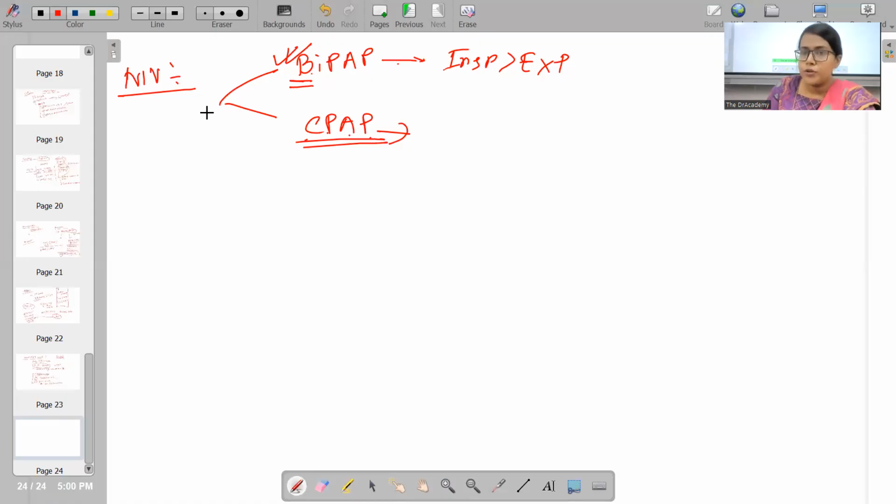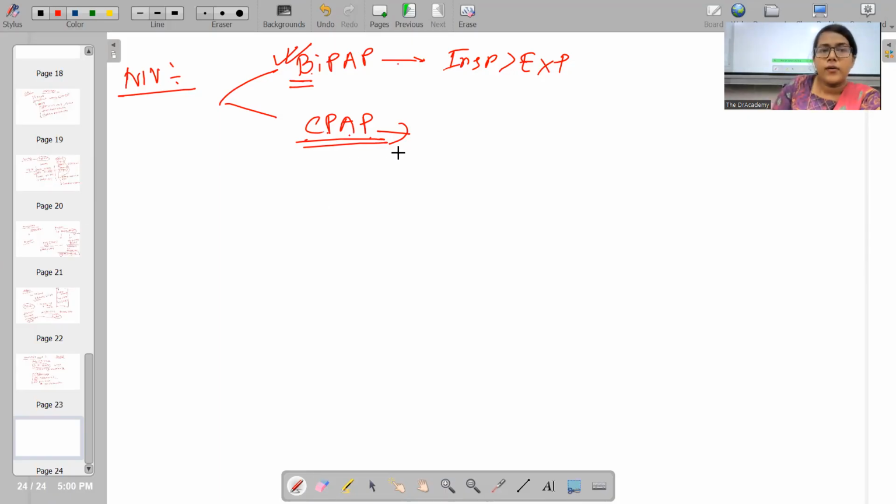Number two is when you're weaning a patient off mechanical intubation, in which case you can go for non-invasive ventilation. And number three is cardiogenic pulmonary edema not responding to CPAP. In that case, you can also go for BiPAP or non-invasive ventilation.